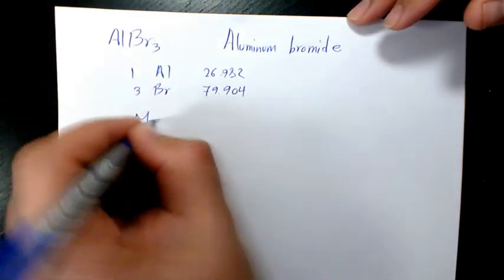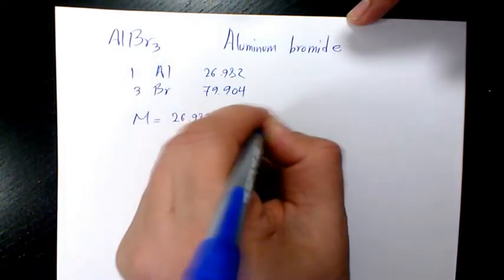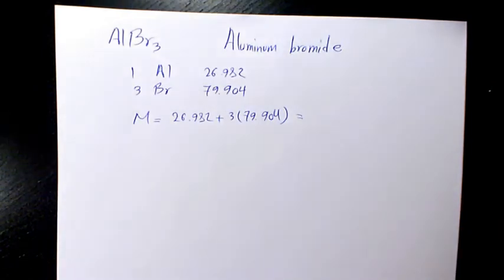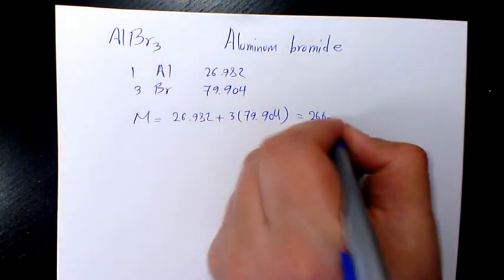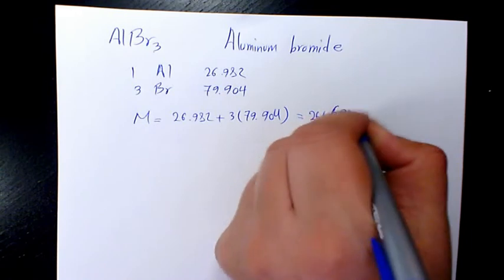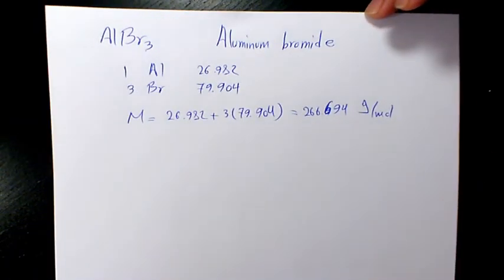So molar mass is going to be 26.982 plus 3 times 79.904. That's going to be 266.694 grams per mole. That's the molar mass of aluminum bromide.